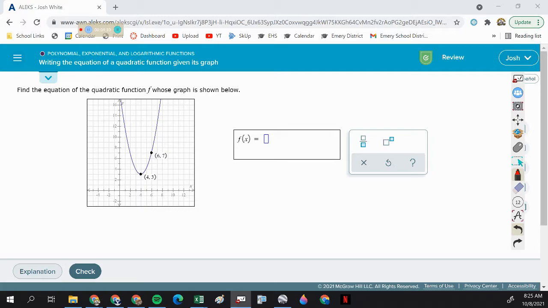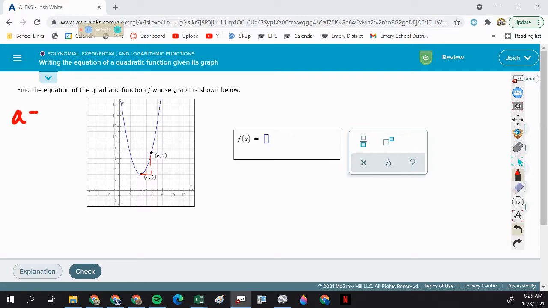So this one is over 1, up 1, and over 2, up 1, 2, 3, 4. What is the a value going to be? That is a regular parabola, right? Over 1, up 1 is a standard shaped parabola.